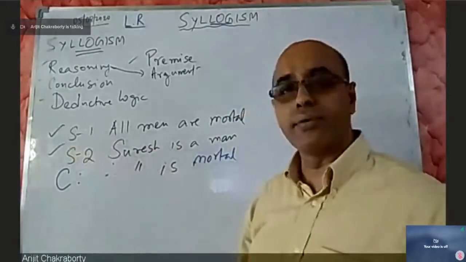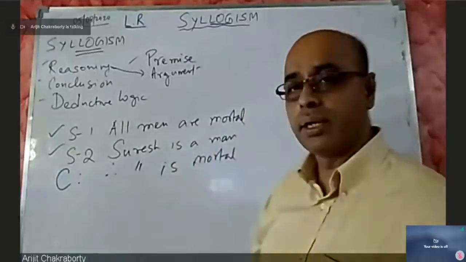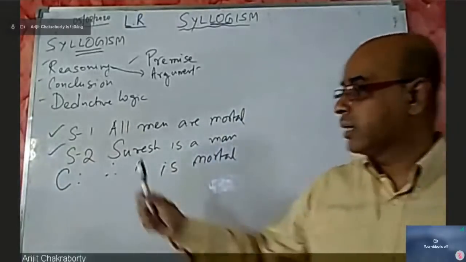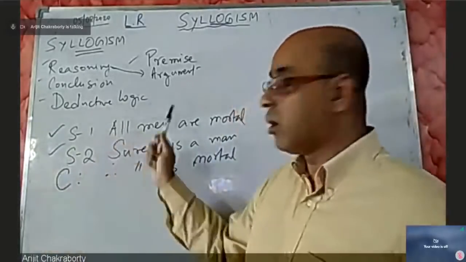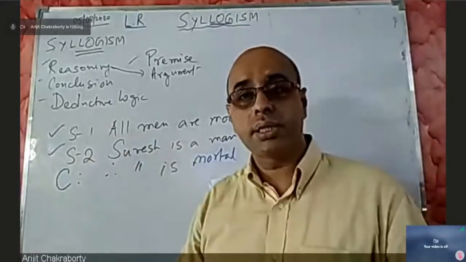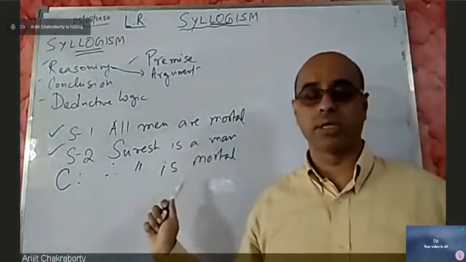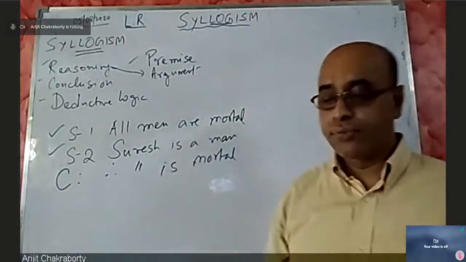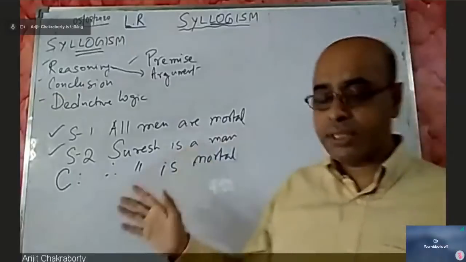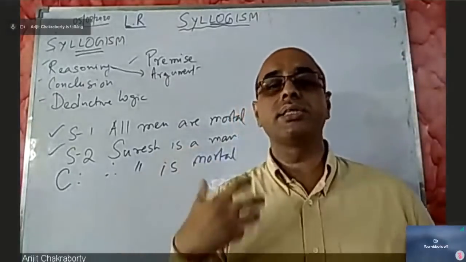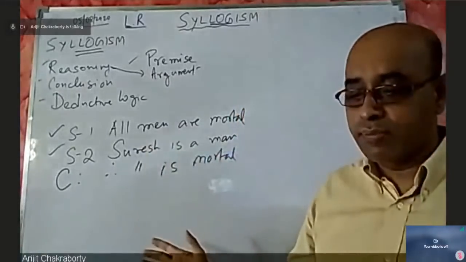Two statements are given. All men are mortal. Suresh is a man. And our conclusion is, since all men are mortal and since Suresh is a man, therefore Suresh has to be mortal. Right? So that means this is the essence, this is the basic of syllogism.